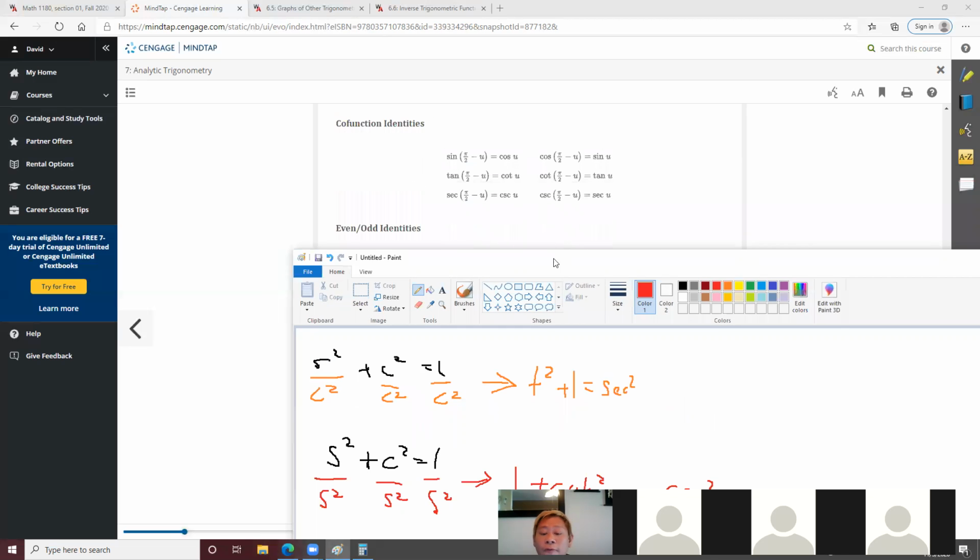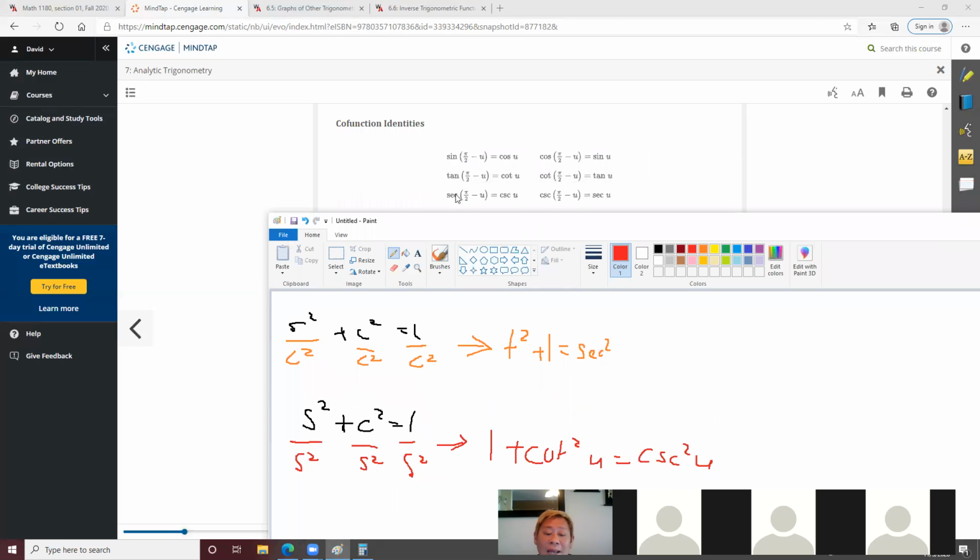Next is called the co-function identity. Co-function identity is used when you have 90 degrees minus an angle. I just want to point out to you guys that sine and cosine have a co-function identity. A co-function means that if you add the 2 angles up, there should be 90 degrees. So that means sine 60 degrees is the same thing as cosine 30 degrees, which in this case is root 3 over 2.